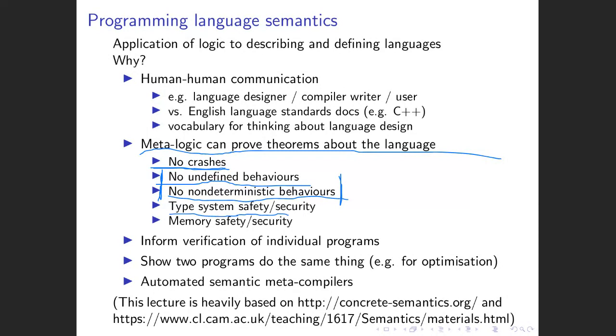A lot of this stuff is to do with types. Type safety or type security means that if something is given a type, it's correct, and a variable of one type can never get misinterpreted as being another type. So you can do horrible things in C again.